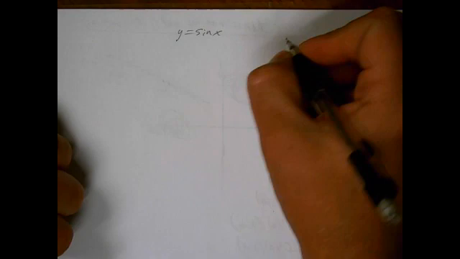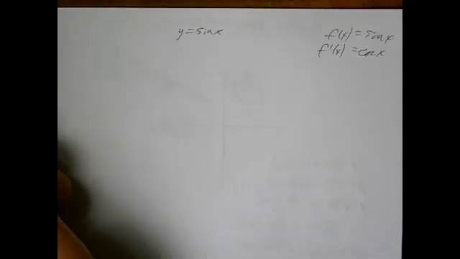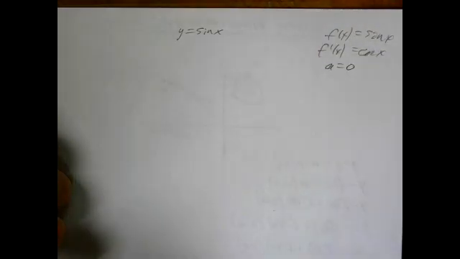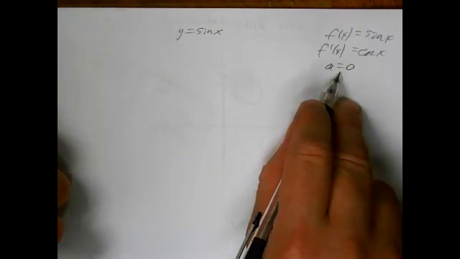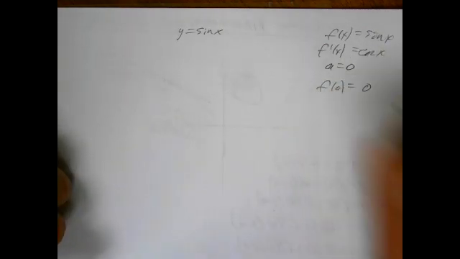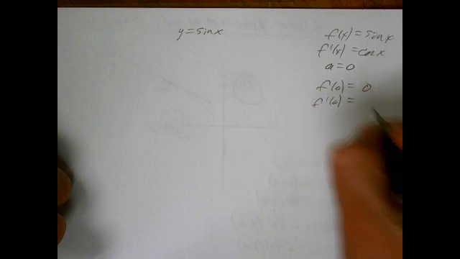All right, so let's let sine of x be our function. That means our derivative is cosine of x, and a convenient place to evaluate sine would be at 0. Why? Because the sine of 0 and the cosine of 0, for that matter, are easy. So for angles close to 0, let's see what sine of x becomes. f of 0 is 0. f prime of 0 would be 1.